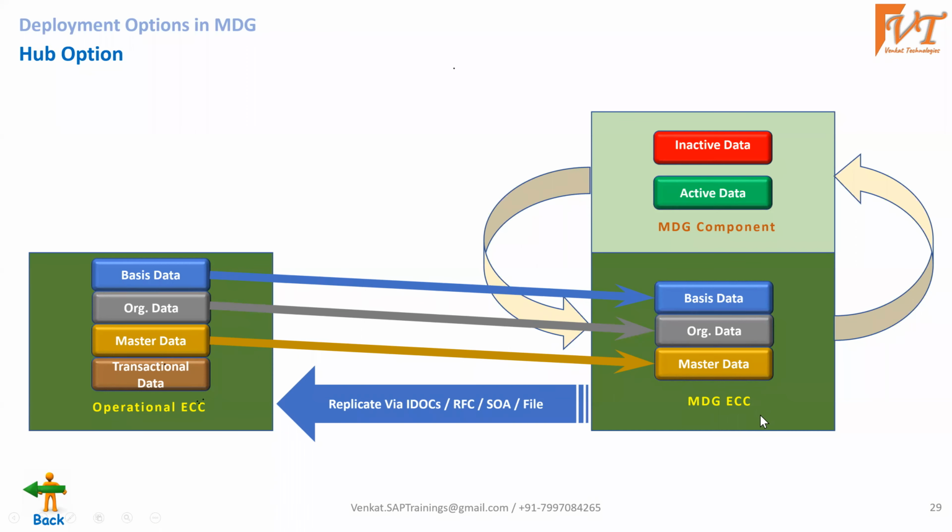They have to build a new server itself. So that cost is high, and there is the integration cost, and initial data loads. They have to take that into consideration while building the new MDG system. So those are the various factors, and they want to maintain the central data. In that case, they go with the hub option.